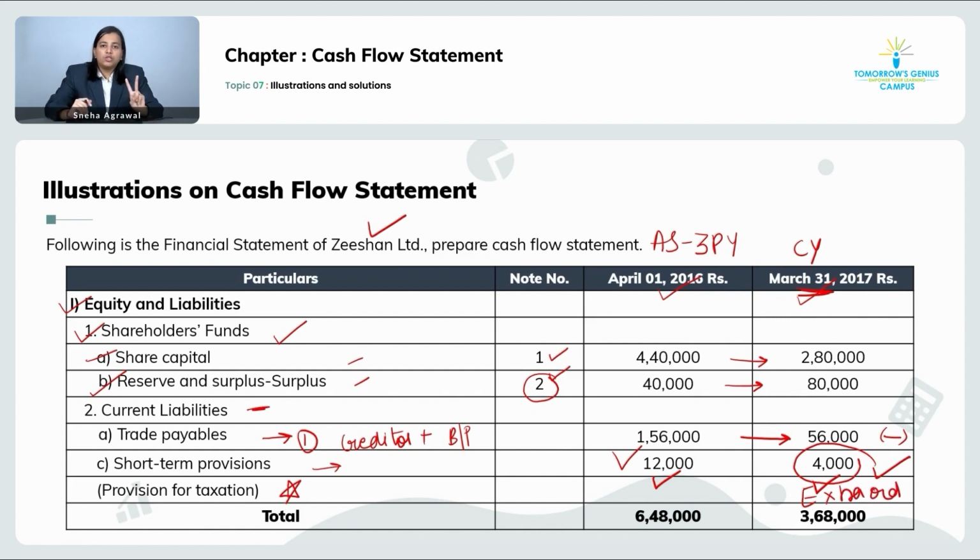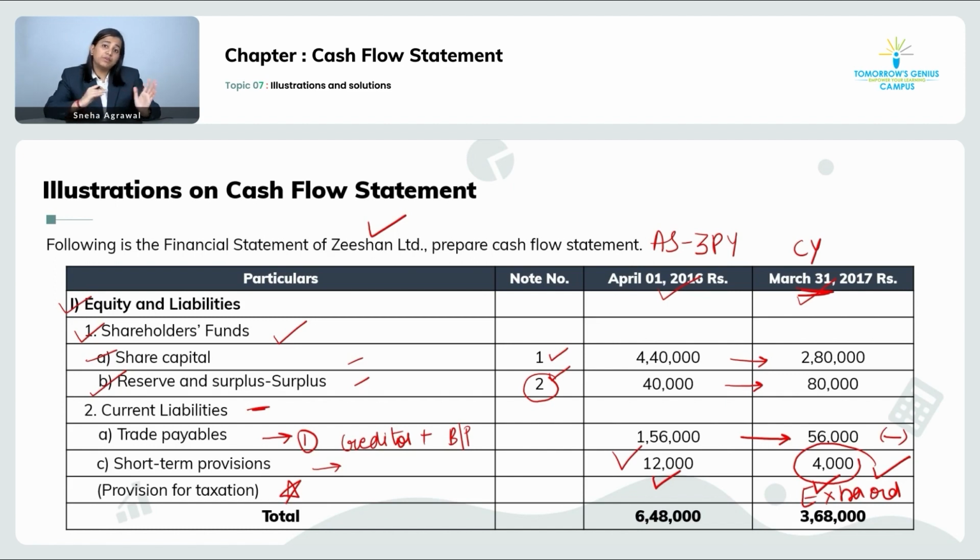Understand? I told two things. For provision for taxes, two figures will be given in the balance sheet, right? One is the opening figure, the other is the closing figure. Opening is treated as current year tax payment. In the absence of information, when you don't know the current year tax payment, you can't deny paying tax, right? You have to pay taxes.